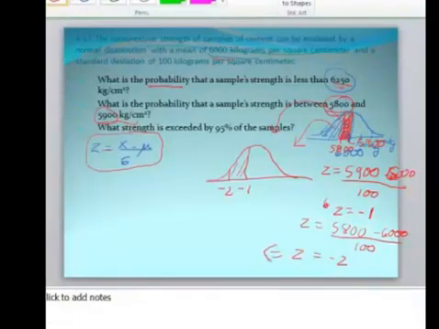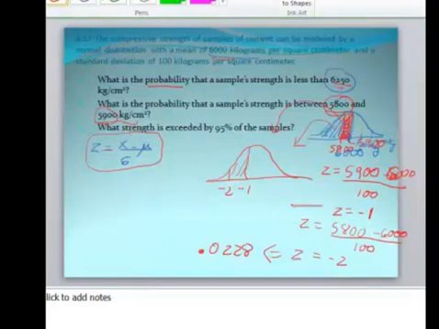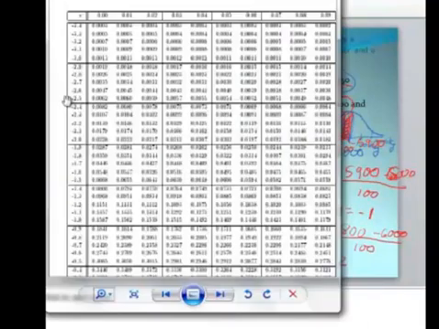This one is 0.0228, and this z right here, the z equal to -1, is affiliated with an area of 0.1587.